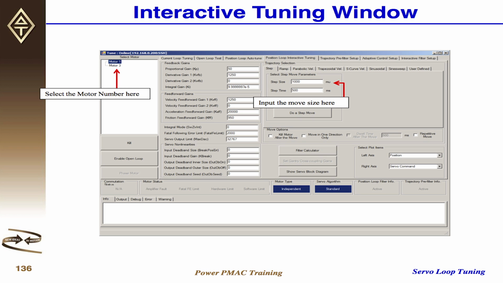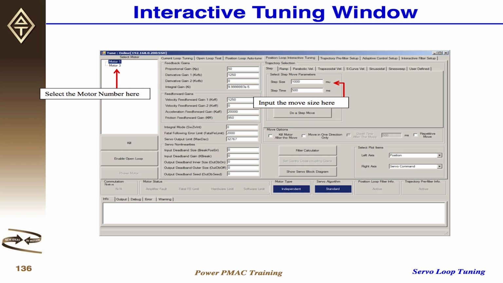The second move type we will use is parabolic velocity. The tab is parabolic vel period. And here we have another move size and move time. Here you want to try to emulate the most difficult kind of move you think your system will need to experience.